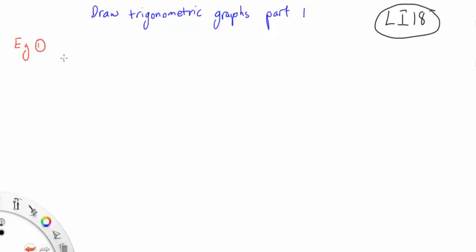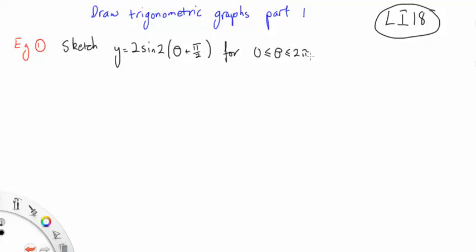So a question might look like: sketch y equals 2 sine 2 theta plus pi on 2 for the domain 0 to 2 pi, and it might say state the period and amplitude.